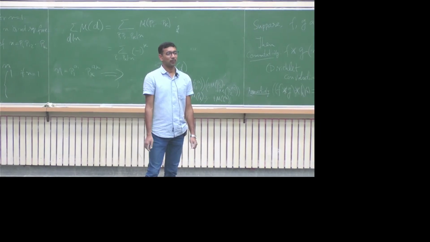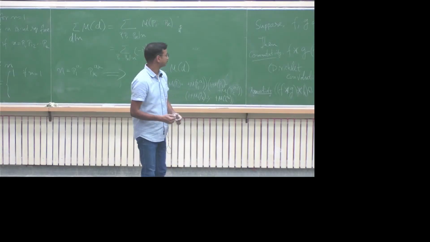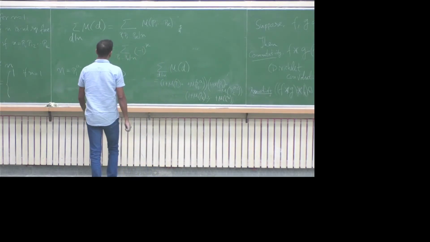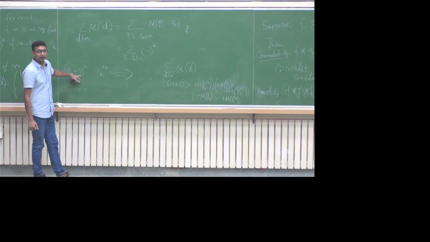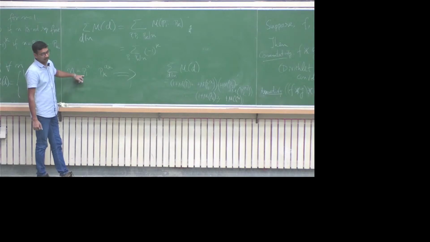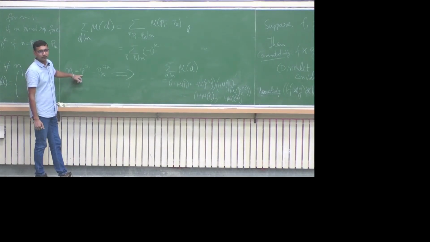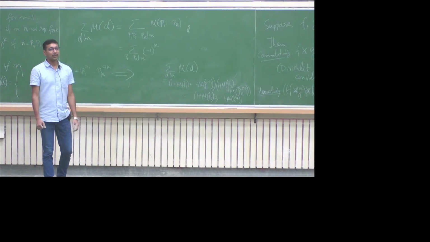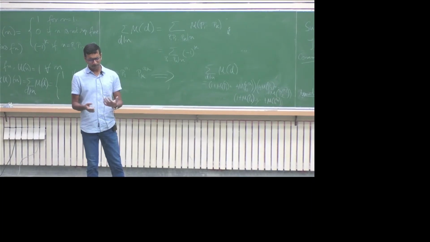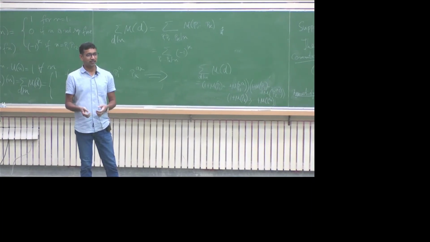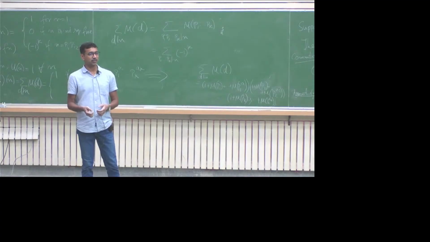Then you can do the summation over d dividing p1 p2 ... pr, because it does not depend on the square factor. You can just take the distinct primes, p1 to pr, and sum mu of d. Then we can think about how many products of primes there are from all possible square-free divisors. There will be 2 to the power k choices, right?